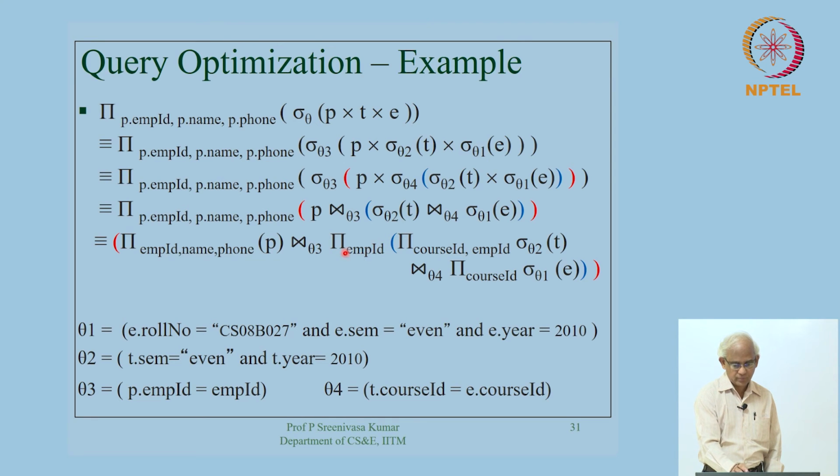After doing this join, you only need the employee ID because that is what is being used in theta 3. And for P you can keep all the other things, because the employee ID, name, phone are all applicable to the professor relation. Keep these here. So this is how we transform and push the projections also down as much as possible into the tree towards the leaves.